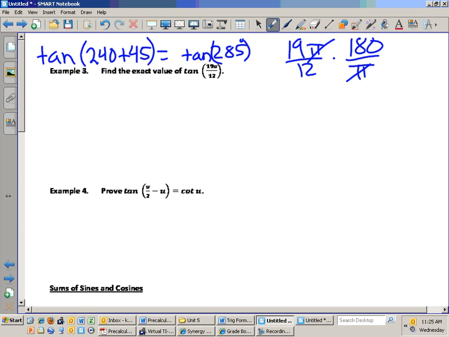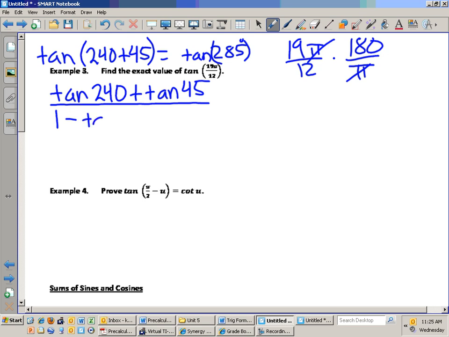So now I use my tangent formula to represent this. The tangent of 240 plus the tangent of 45, divided by 1 minus tangent of 240 times the tangent of 45.